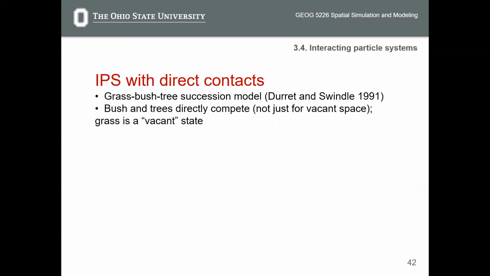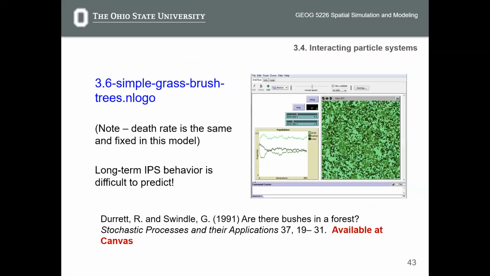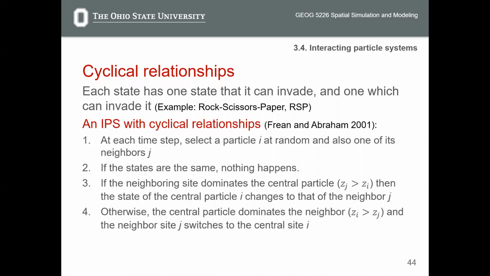But this relationship is a linear relationship, a food chain. There is no cycle. And if we want to make it even more complex, we have the cyclical relationship, which means that there is a food cycle. Type 1 beats type 2, type 2 beats type 3, and type 3 beats type 1 again. Of course, you can make this cycle even larger with 4, 5, 6 or n particles, but the relationship here is different from the former two types of IPS.